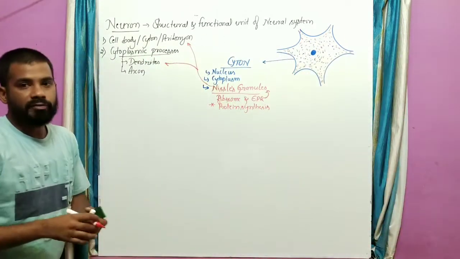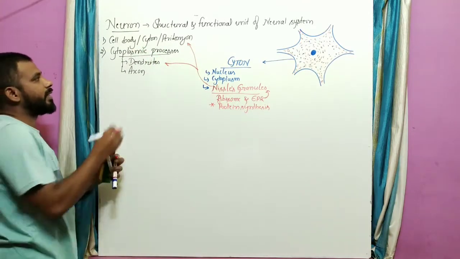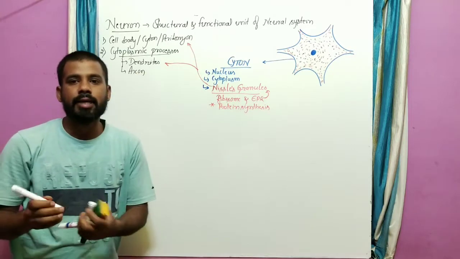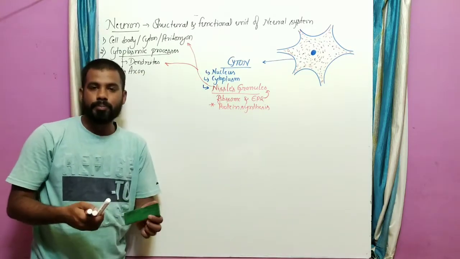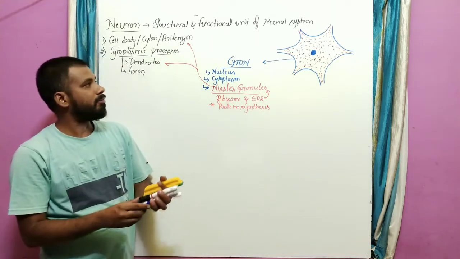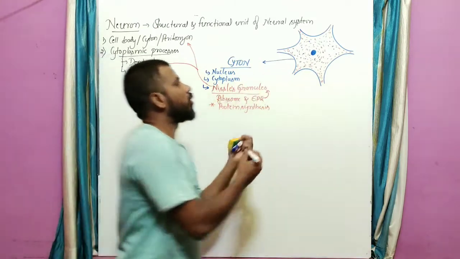The next part of the neuron is the cytoplasmic processes. First of all, the dendrites. These dendrites are many in number, and these are the branched cytoplasmic processes that arise from the cell body. It looks like this.